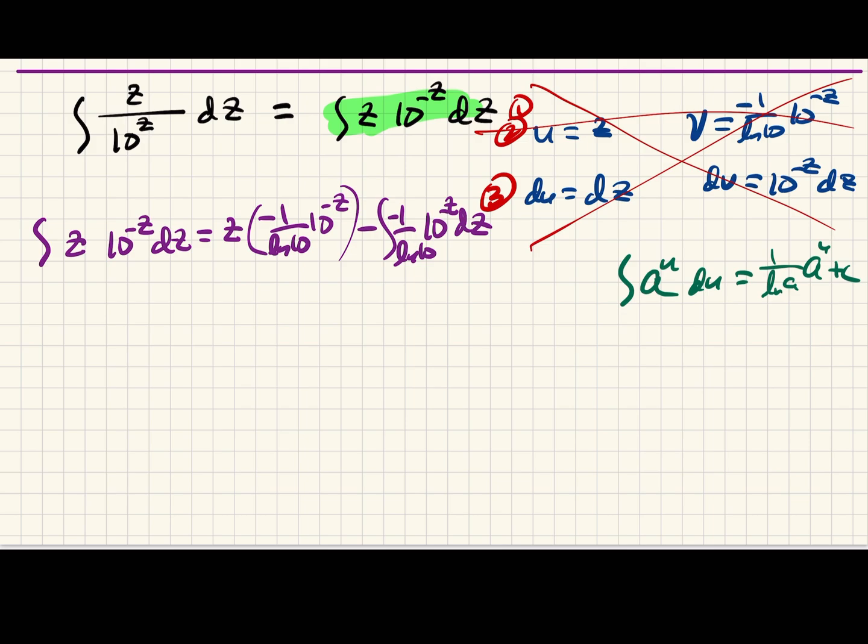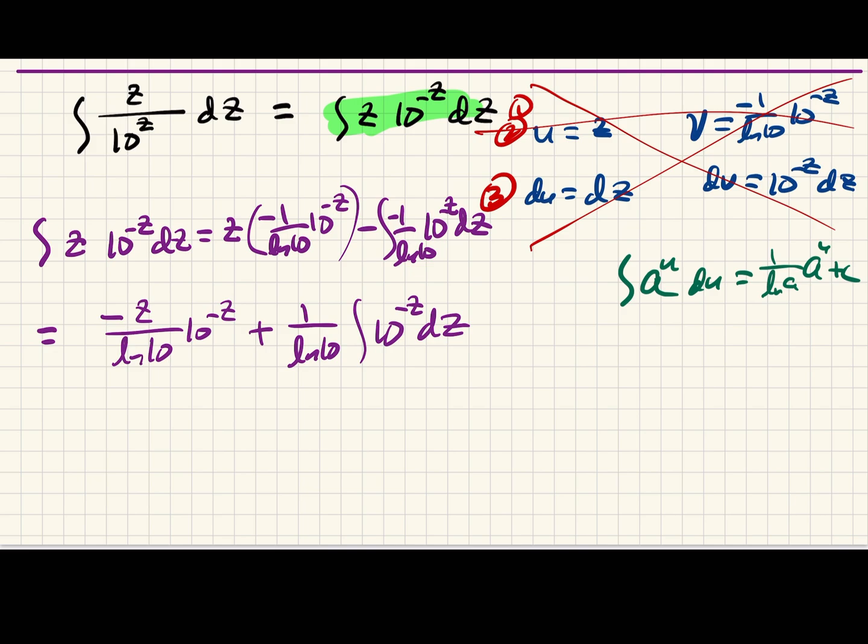Okay, so what does this turn out to be? On the first term here, I'll just call this minus z over natural log 10, 10 to the minus z. And then the next one, I'm just going to call that a plus. And I'll bring out that 1 over natural log 10. And then I've got integral 10 to the minus z dz, because I've cleaned that up, so I'm making it easier to see what the integral is going to be.